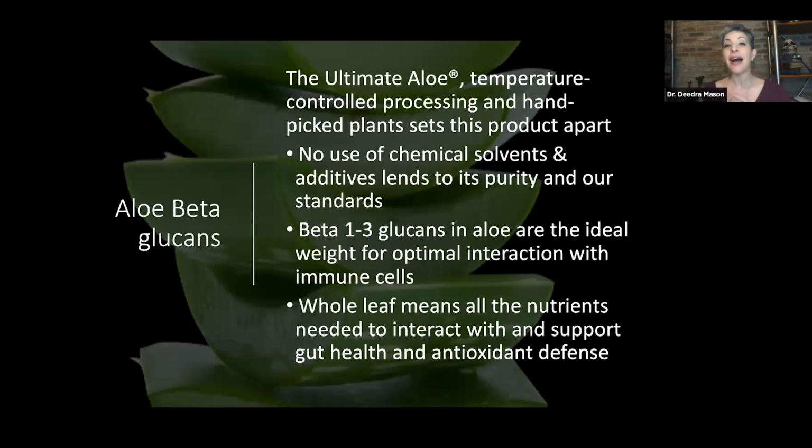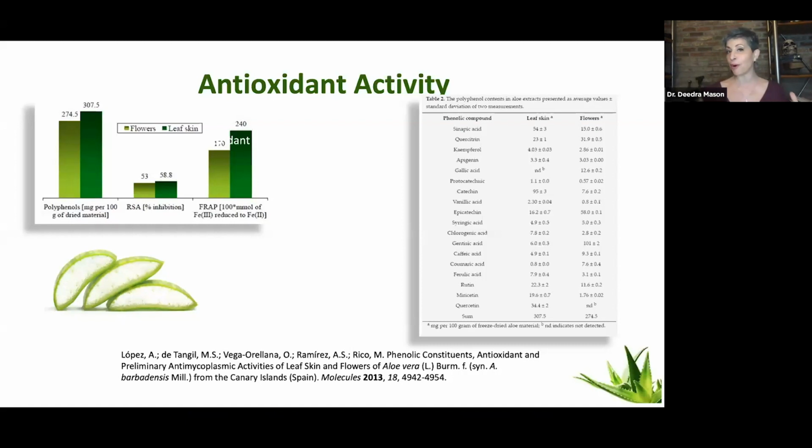In fact, because no solvents are used in the processing of this plant, because it is hand-picked and it is carefully handled, we get to hold on to all the vitamins, all the minerals, and you guessed it, all of the antioxidants. That whole leaf approach gives us all of the antioxidants.